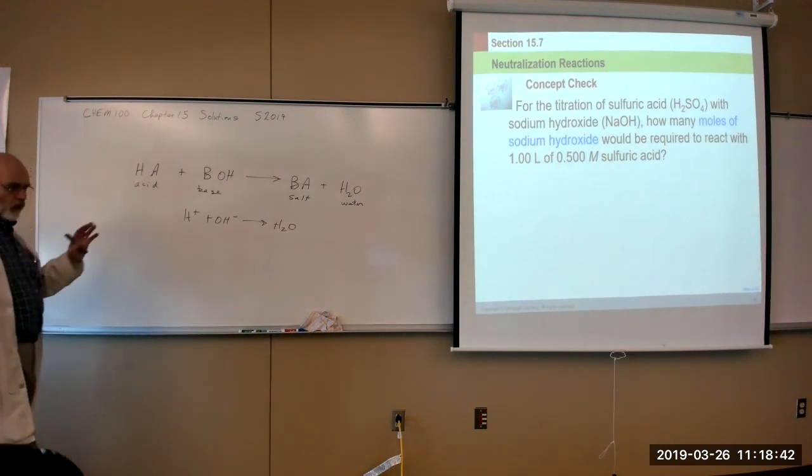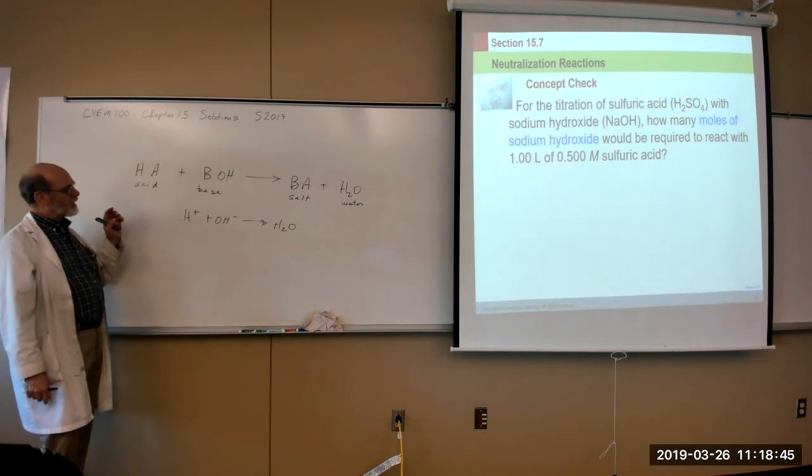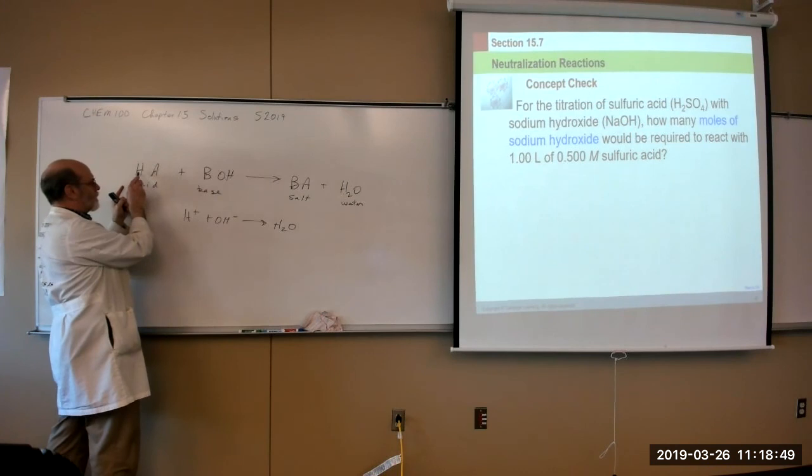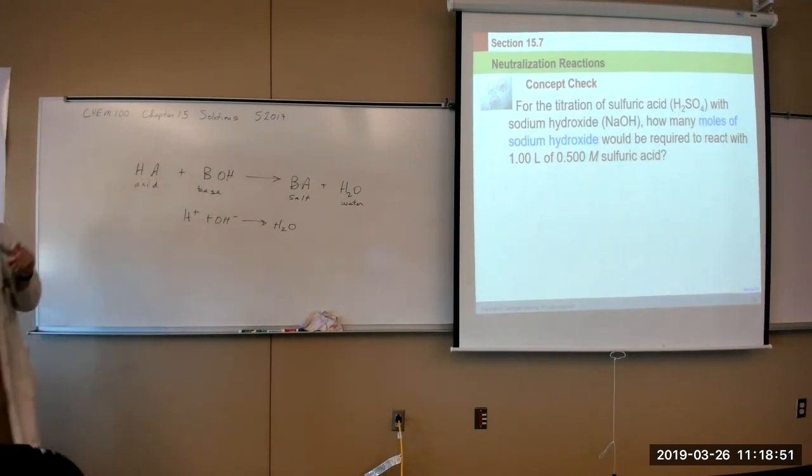When you're going to do some stoichiometry, it really just depends on how many of these are in the base and how many of those are in the acid as to what the stoichiometry is.